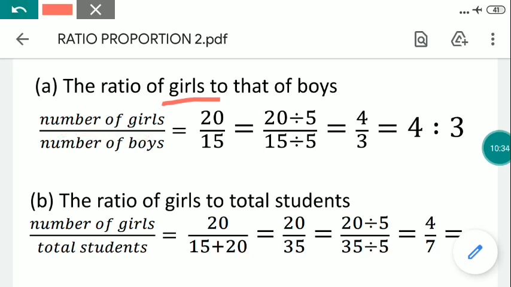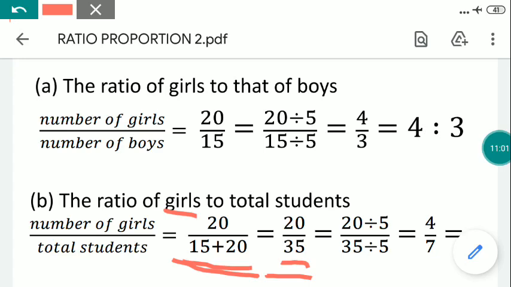Next, B is the ratio of girls to that of total students. Order: first numerator is number of girls upon number of total students. So number of girls is given 20 upon total students, that is boys plus girls, 15 plus 20. So 20 upon 35. So we have to find its lowest form.